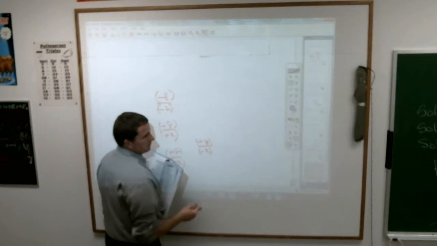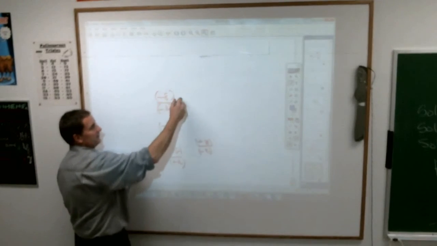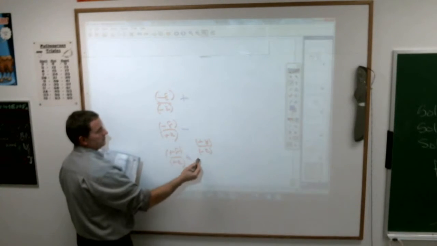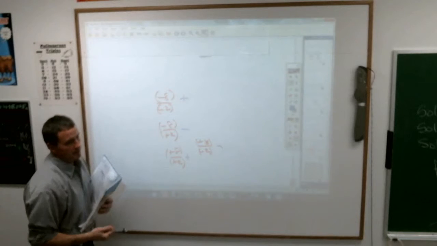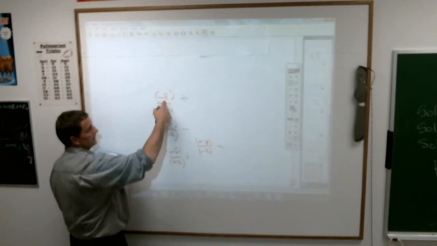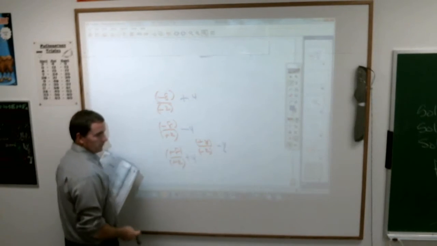Right off the bat, you can look at this and tell me whether my answer is positive or negative. If they both have the same sign, my answer is positive. Opposite signs is negative, same sign positive. If they have different signs, you're going to get a negative. And then you just do the division. 8 divided by 2 is 4.